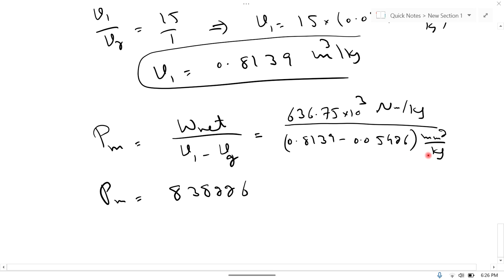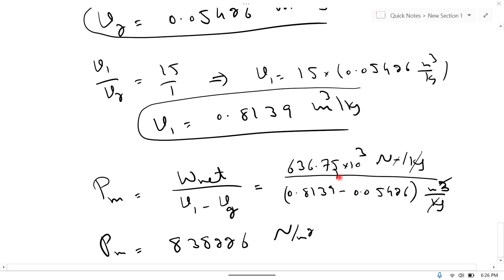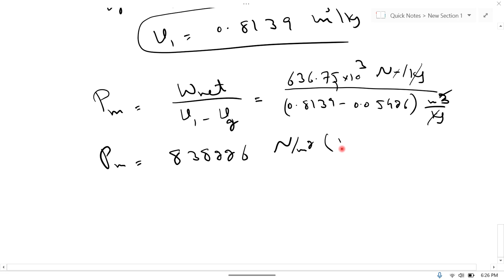So mean effective pressure, simplify this value, will be equal to 838226, and kilogram will be cancelled with kilogram. This is basically meter cube over meter cube, so 1 meter will be cancelled with 1 meter. So this will be equal to Newton per square meter. Newton per square meter is equal to Pascal.